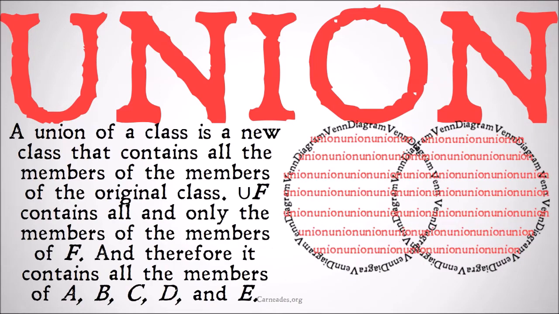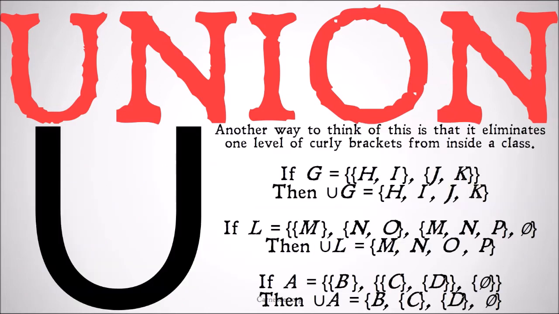A union of a class is a new class that contains all the members of the original class. The union of F contains all and only the members of F, and therefore it contains all of the members of A, B, C, D, and E. In other words, it is simply a different way to state the union of A and B and C and D and E. Another way to think of this is that it eliminates one level of curly brackets from inside a class.